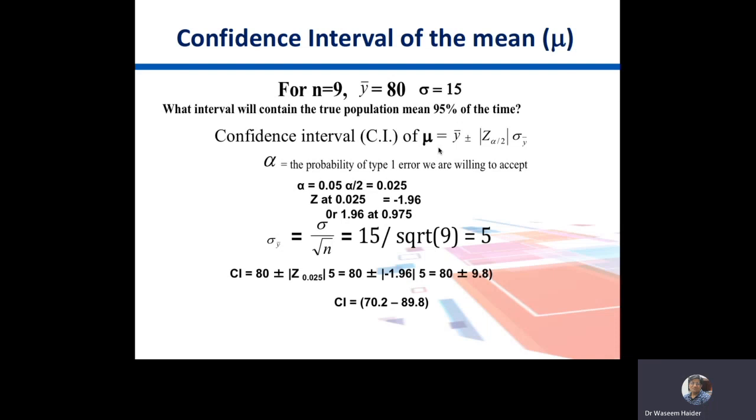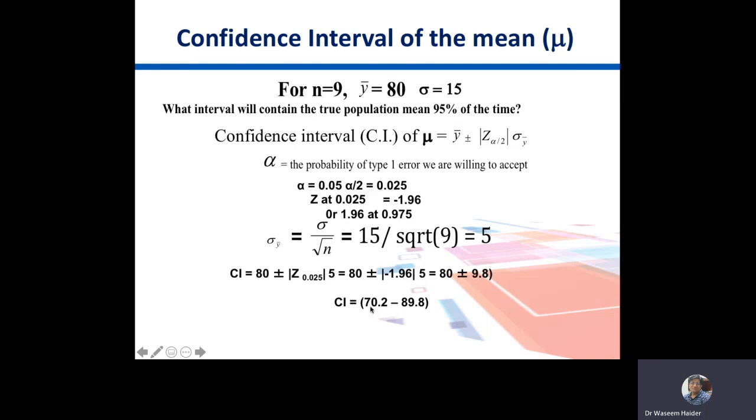So the confidence interval can be calculated as the mean plus or minus z at that particular alpha/2, and we will take its absolute value to avoid the negative sign. Then we multiply this with the standard error, and this whole thing will be added to the sample mean. So finally we get 80 plus or minus 9.8.